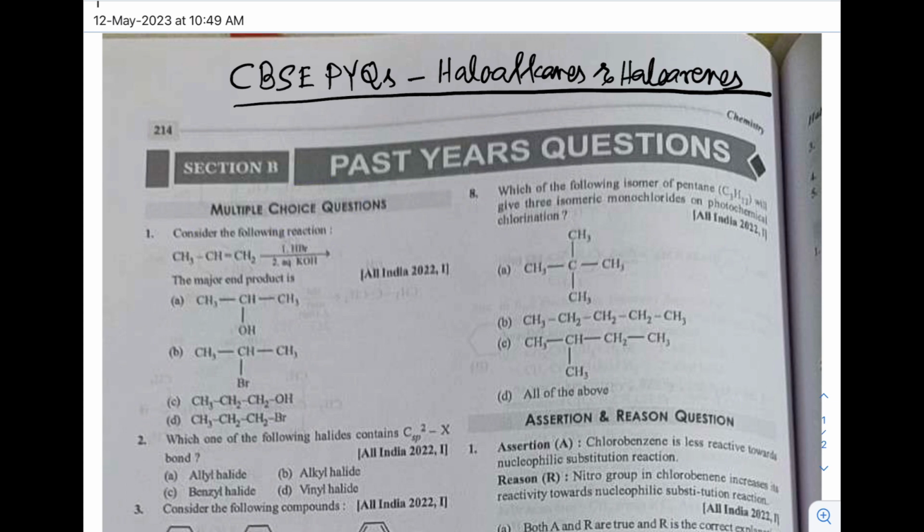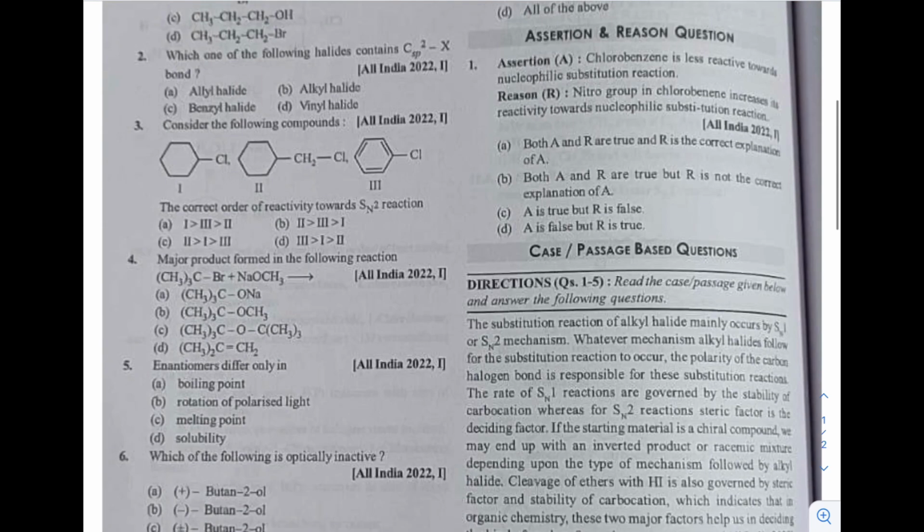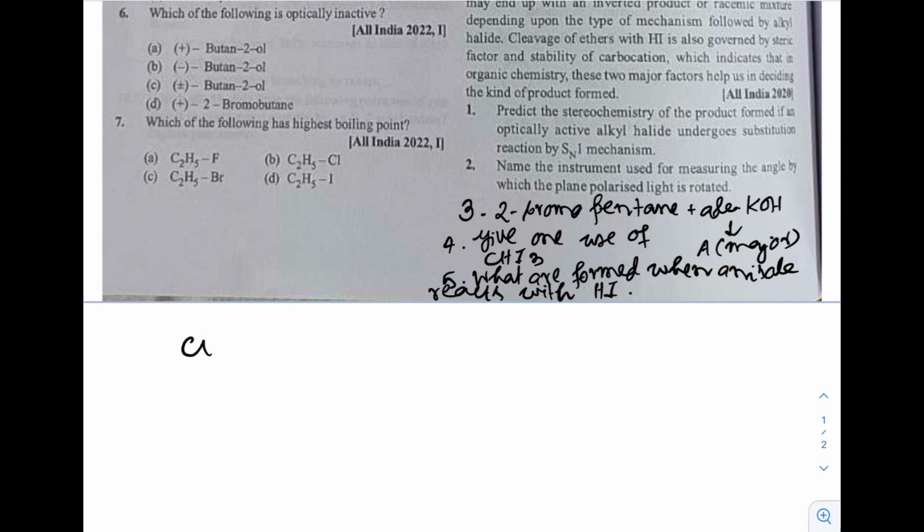It's a multiple choice question. Consider the following reaction. This alkene CH3CH=CH2 is being treated with HBr and then aqueous KOH is given. So the first thing is that question 1 we are going to solve.